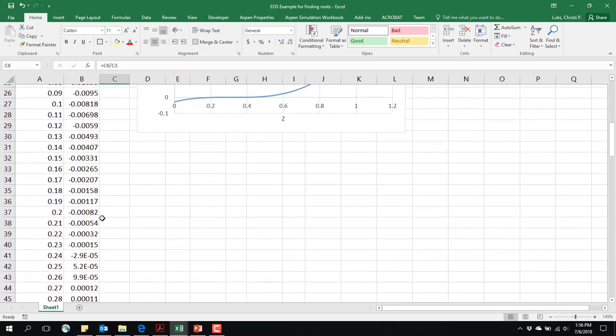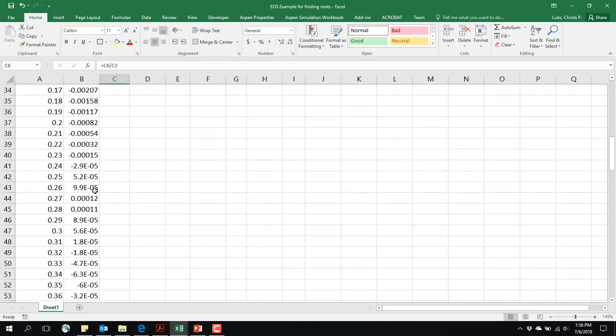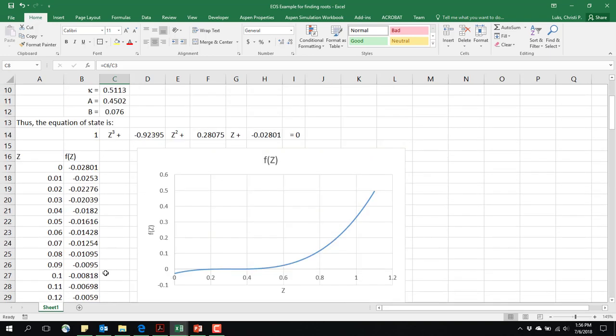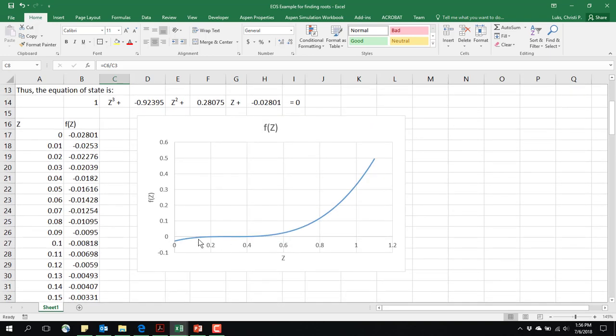I could go through and look at my values and see that it pops between positive and negative somewhere in there. But really, graphically, some graphs are harder to use than others. So what we want is some more robust techniques that will actually get at the answer. Graphical is an excellent way to start, but it's not very good for getting a refined answer.